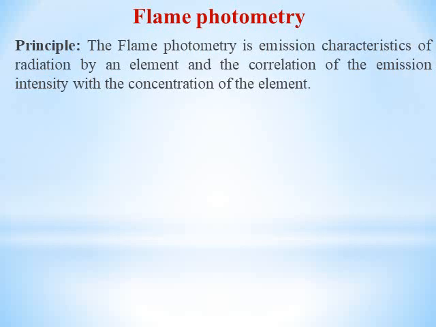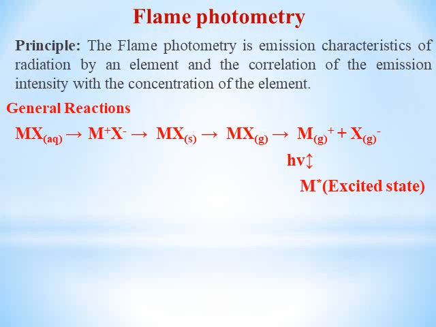So the principle of flame photometry is to collect the emission intensities of various atoms present in an element and correlate the emission intensity with the concentration of the element. Now, looking at the general reaction, let us consider a simple example of MX, where M is the metal and X is a halogen.